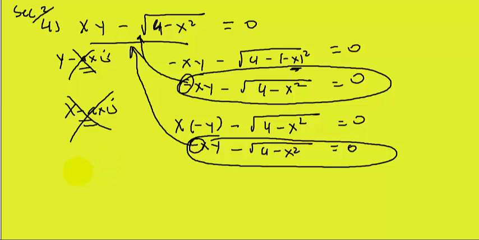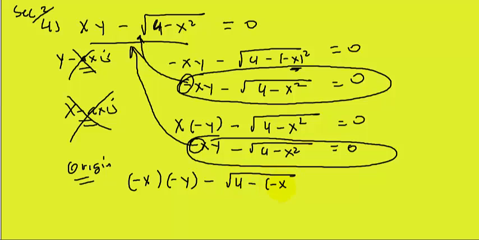Now we're going to check for the origin. Okay, so what do we do when we check for the origin? We replace every x with a negative x and every y with a negative y. And if it turns out to be the same, then it has symmetry to the origin.